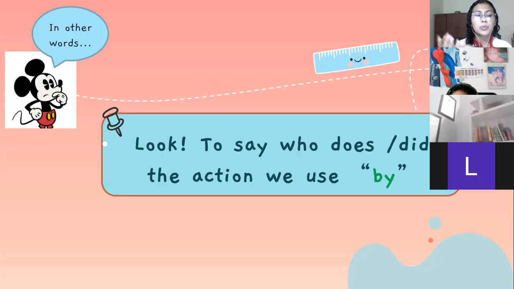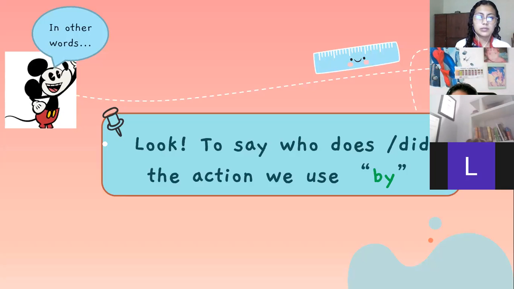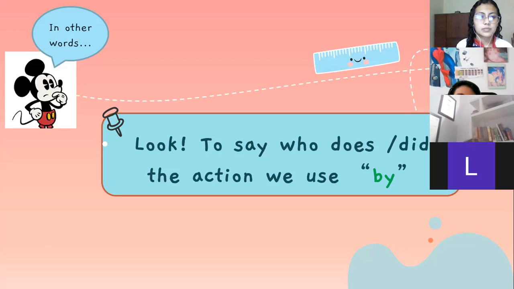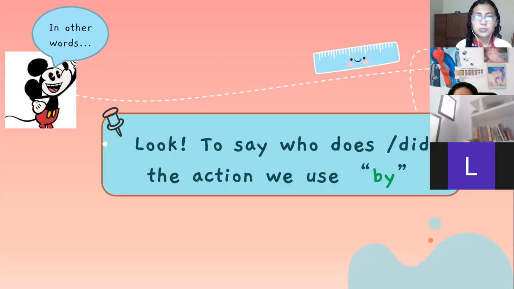If I don't know who performs the action, what happened? Nothing happens. What happened if I don't know who performs the action?